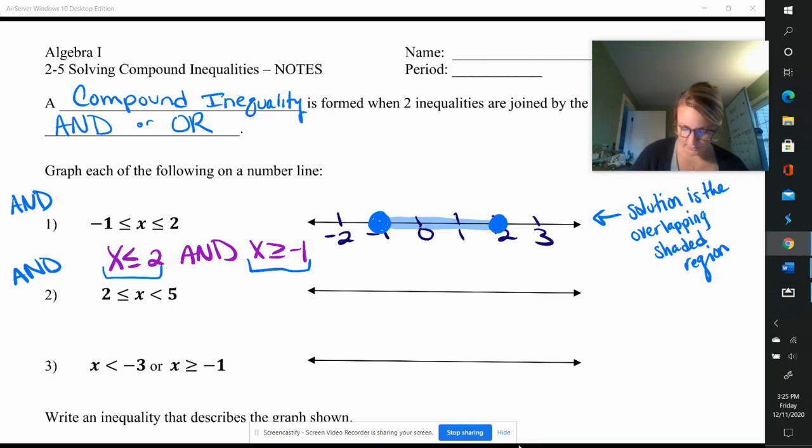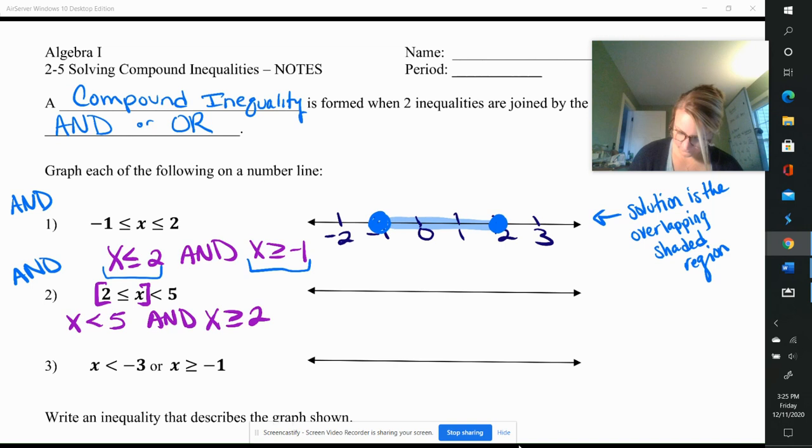Let's try another and inequality. So again, read it from inside out. X needs to be less than 5, and greater than or equal to 2. So we'll graph, and then the shading that represents the solutions will be wherever the shadings overlap.